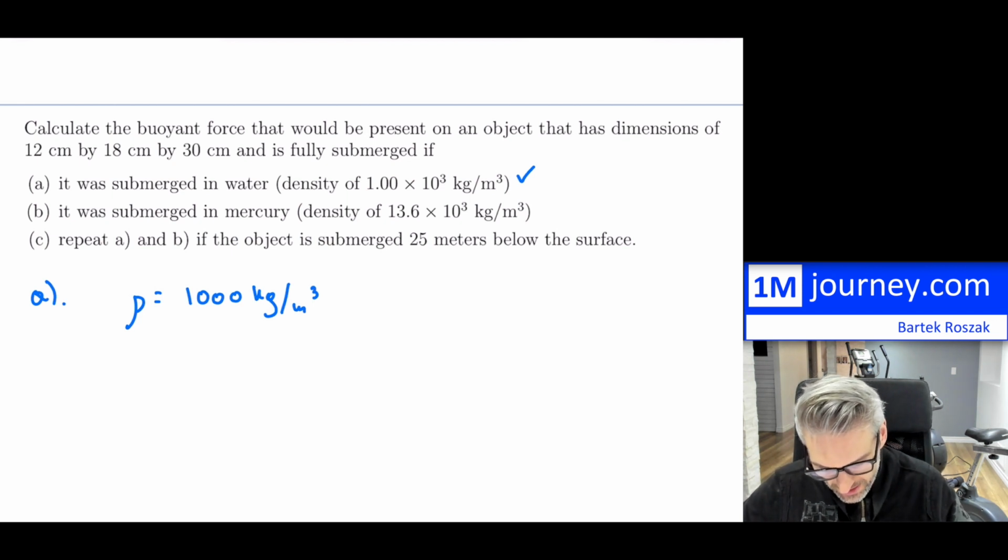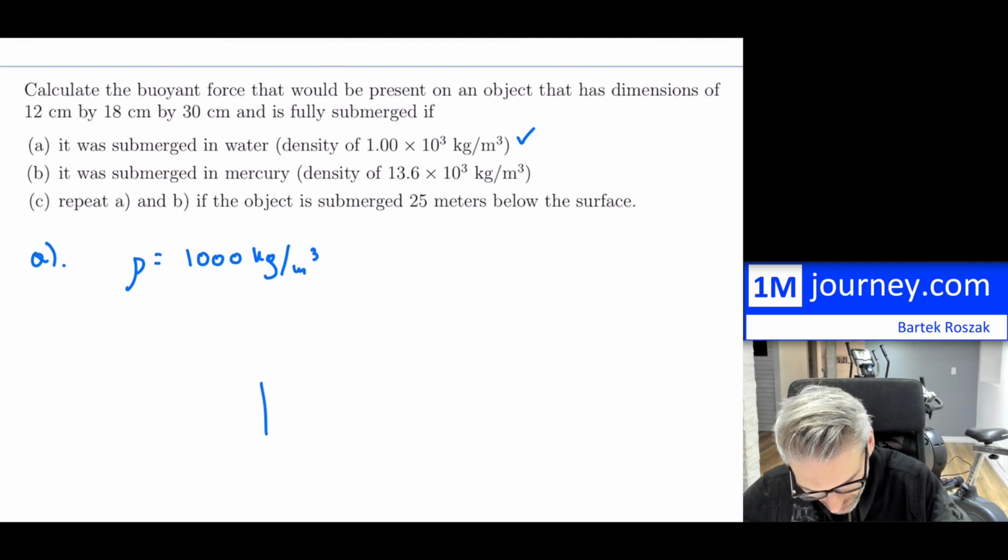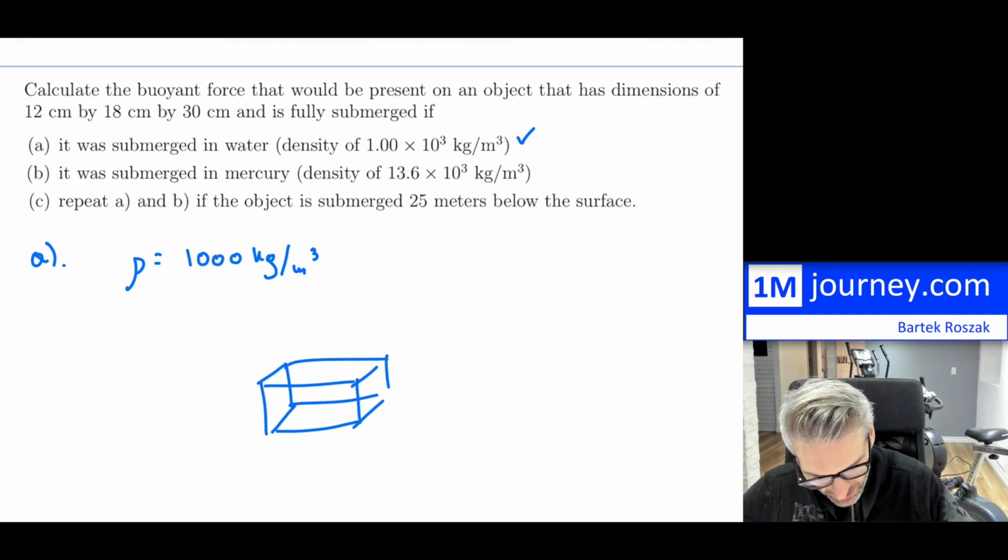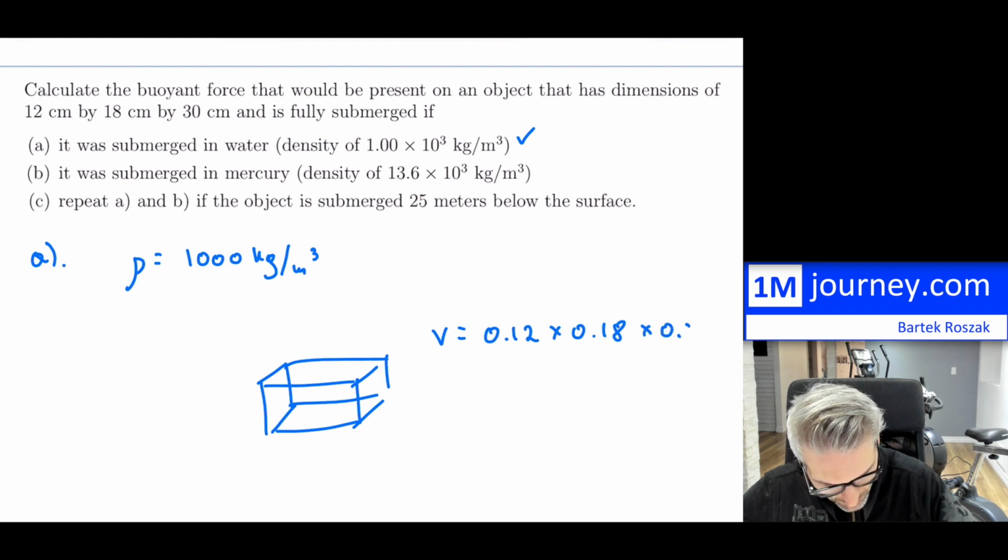Now, if you want to find the buoyant force, I'm going to sketch this out in here. If you submerge something, the volume for us is 0.12 times 0.18 times 0.30, so we change this back into meters.